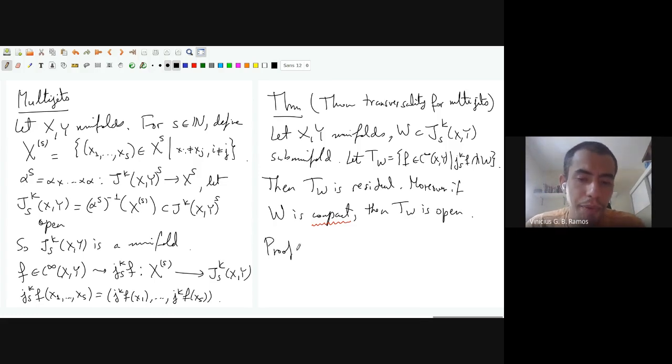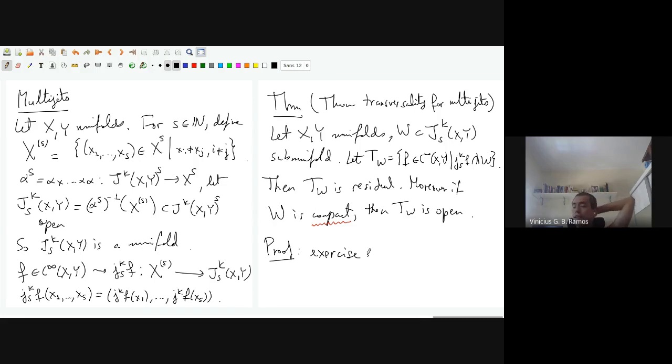Anyway, the proof of this is very similar to the proof of the other one, but now you have to be careful because you have several points at the same time. So you just have to adapt the other proof, but now you have a little ball around each point. I'm going to leave this proof as an exercise. I actually think it's very nice if you try to prove this theorem without looking at a book, at anything.